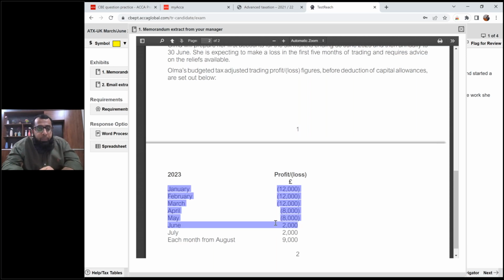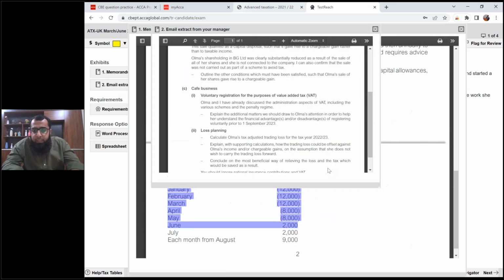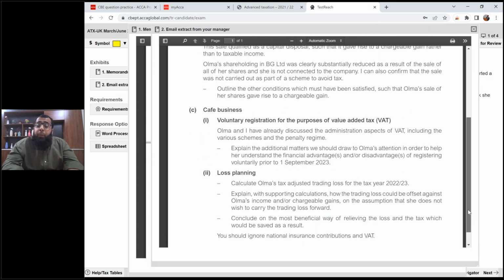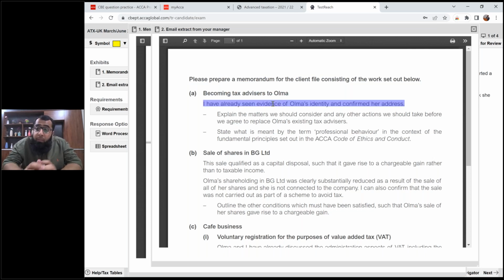No need to worry. Email extract from your manager. Let's look at it now. Please prepare a memorandum for the client file consisting of the work set out below. Part A, becoming tax advisors to Alma. I have already seen evidence of Alma's identity and confirm her address.